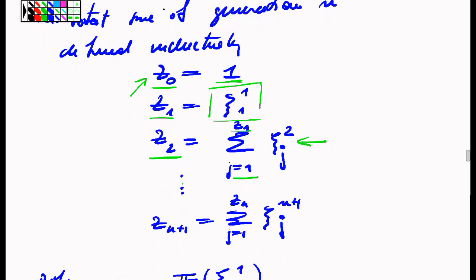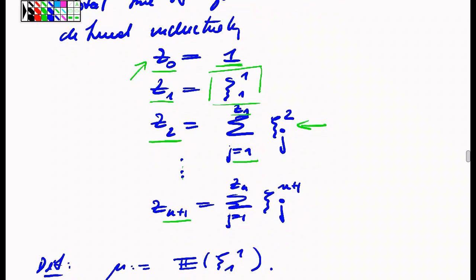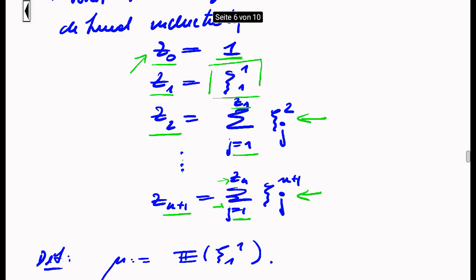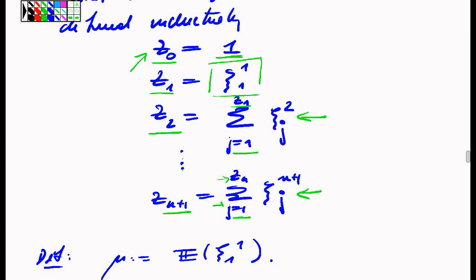And you carry on in this fashion inductively, which means that in generation n plus 1, the number of individuals you have is given by summing over all members of generation n the respective number of children that the corresponding individual has had. And that's given by, for each of those individuals j, the number psi j n plus 1.